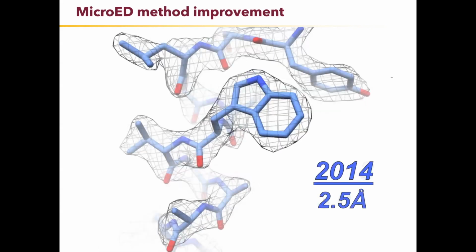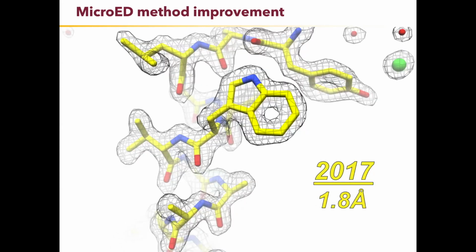And in 2014, a few months later, from the same batch of crystals, because we improved the way we collected data and the way we processed data, those same crystals now gave a 2.5 angstrom structure. If you fast forward about 3 years later, this lysozyme now, I believe, is 1.8 angstroms. It's the highest resolution structure for lysozyme by MicroED.